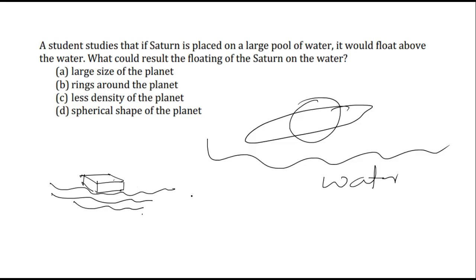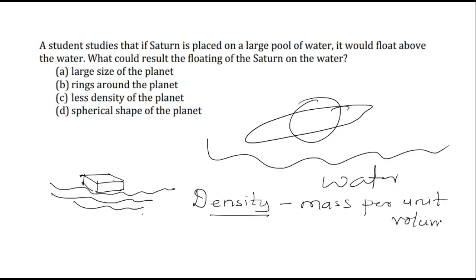Remember a concept called density. Density is mass per unit volume. We will not go into detail on this, but remember that every object has some density. This wooden block has some density, and so does water.